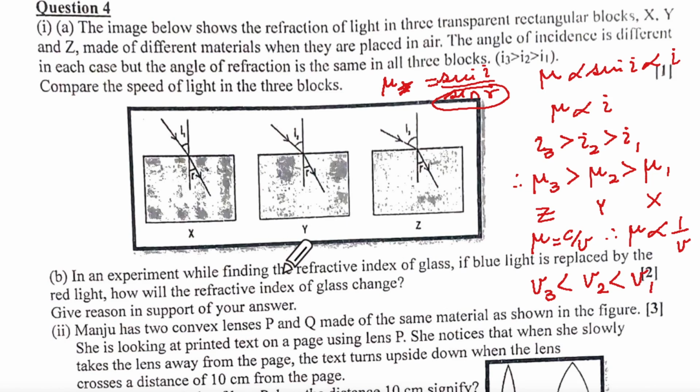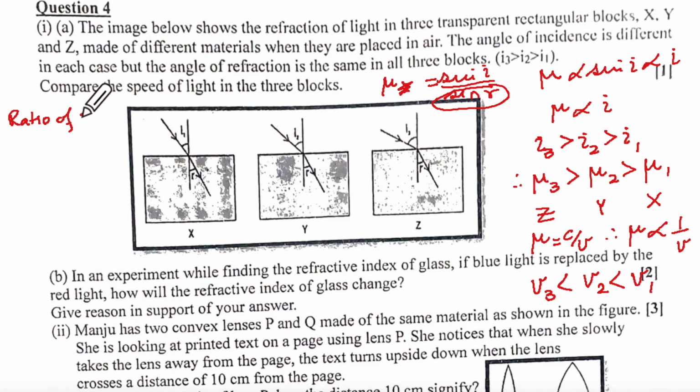Compare the speed of light. So what will you say? What is 3? X. No, it's Z. v3 is z, this is y and this is x, right?